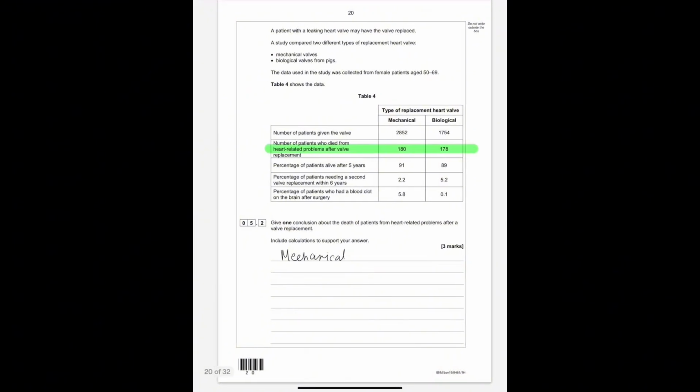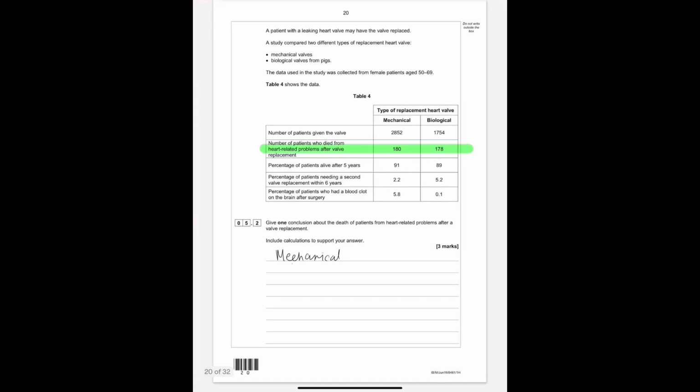So we do 180 divided by 2852, and then we're going to times that by 100, and I think that is going to give us about 6.31%.